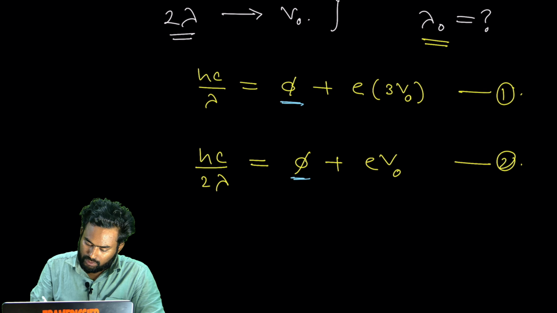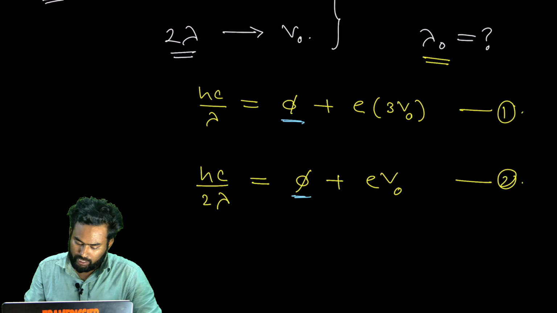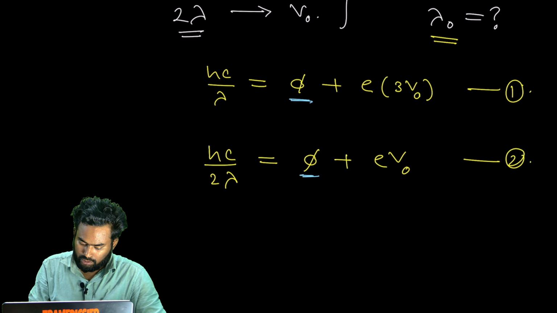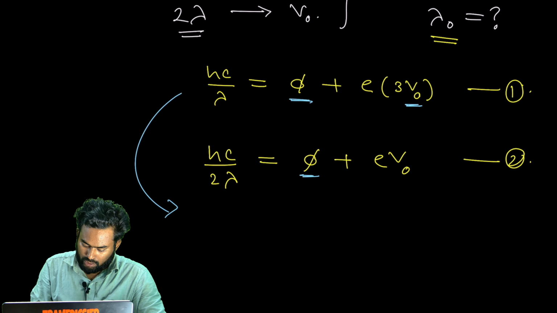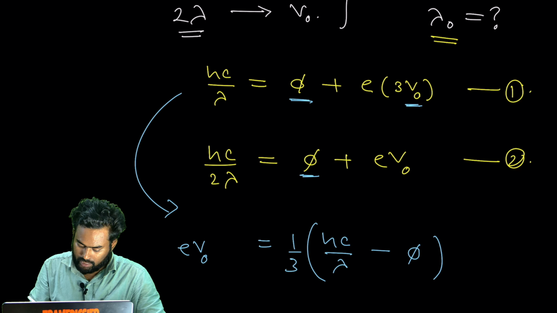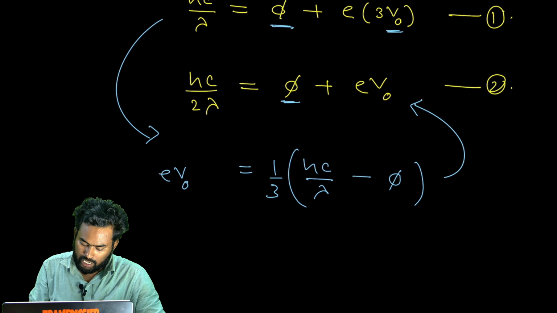The options are in terms of wavelength, so you will replace V0. From the first equation, eV0 will be hc by lambda minus phi, into 1 by 3. From the first equation we got the value of eV0 and we will place it in the second equation.